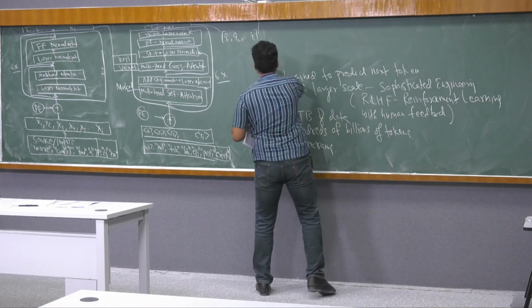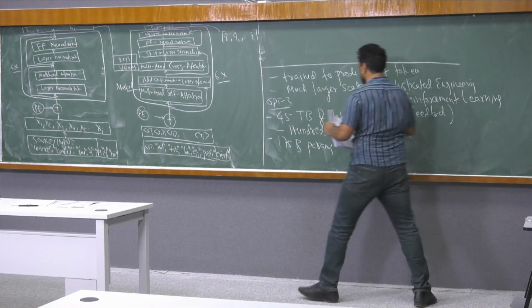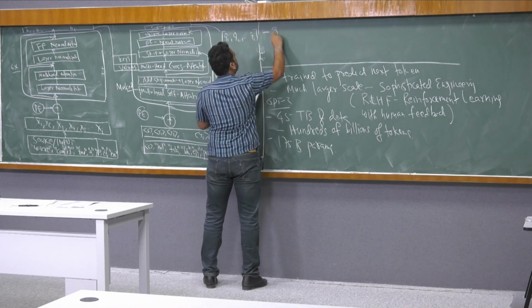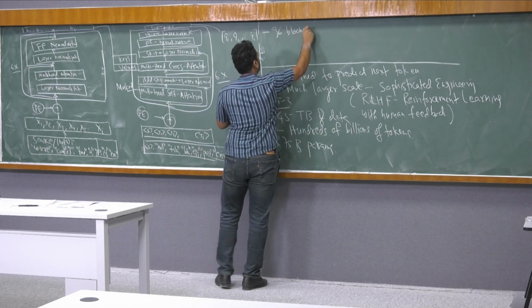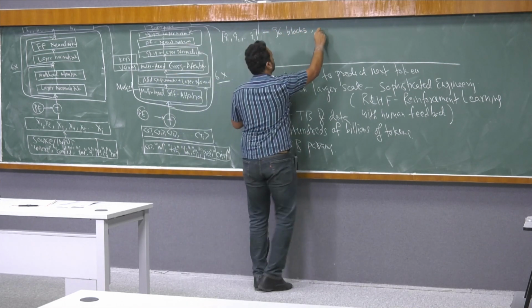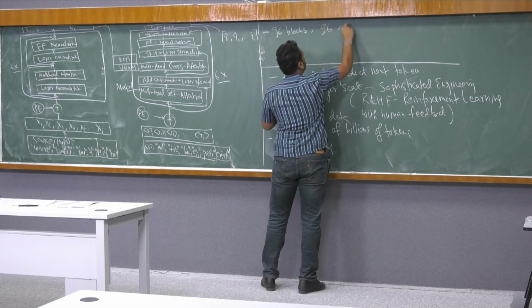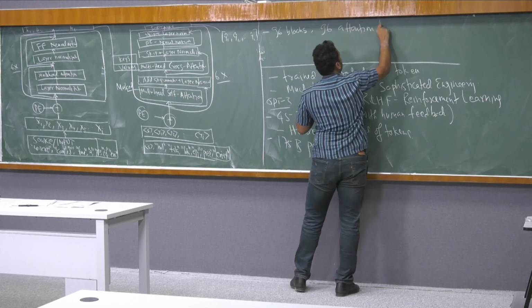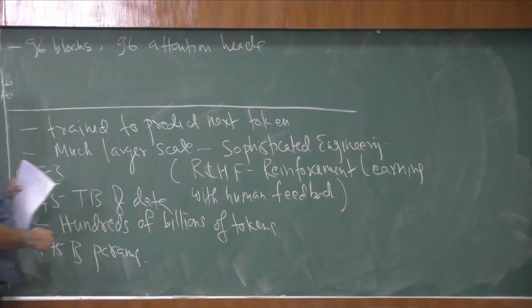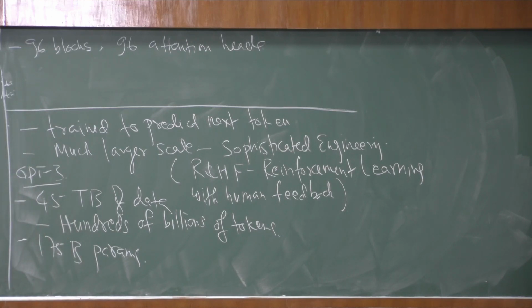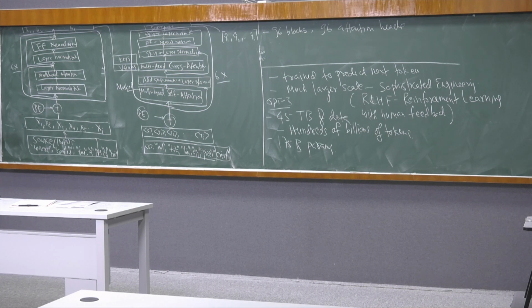But if you look into GPT-3 itself, it has 96 blocks, okay, encoder and decoder blocks with 96 attention heads. Okay, so these are the numbers they have thought of due to scalability reasons or whatever they could, but these are 96 blocks. It's huge, and then 96 attention heads. We had only 8 attention heads.